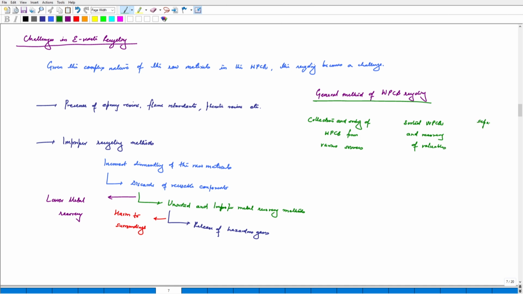We have separation of ECs, and then we have shredding or mechanical operations, and then we can have milling of WPCBs, and this is a very generalized outline of what we can do.